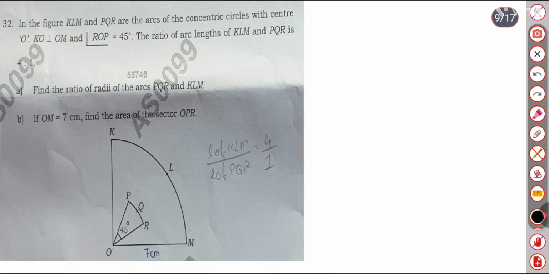First we will write the ratio of the arc lengths of the big arc KLM and PQR.